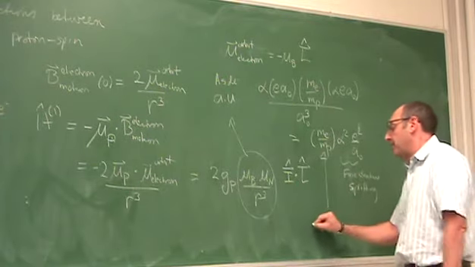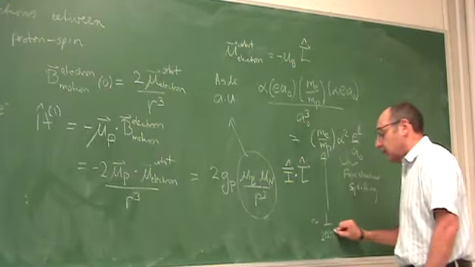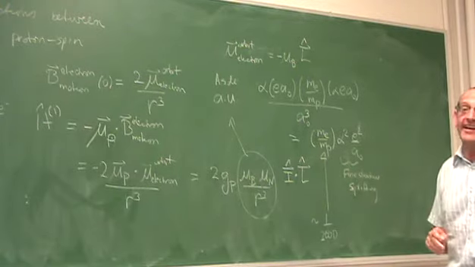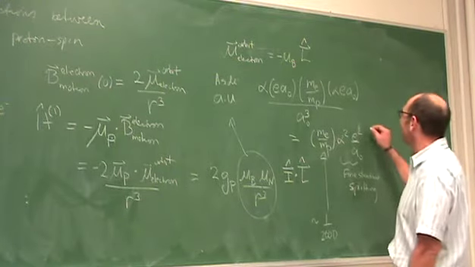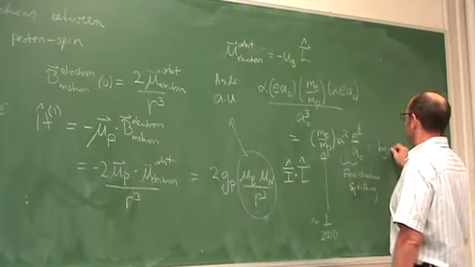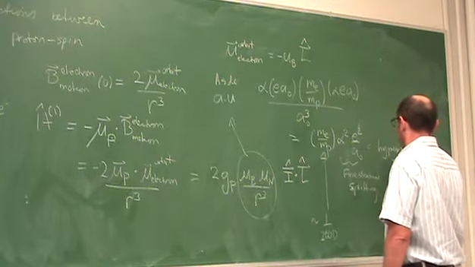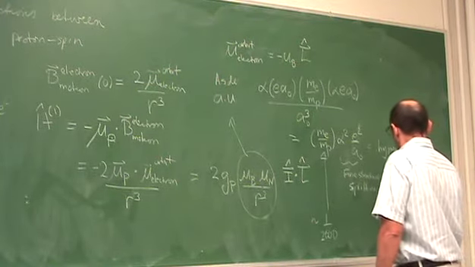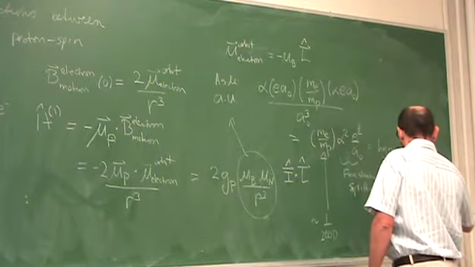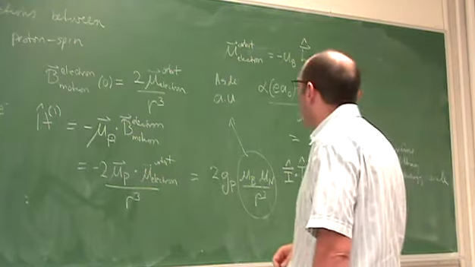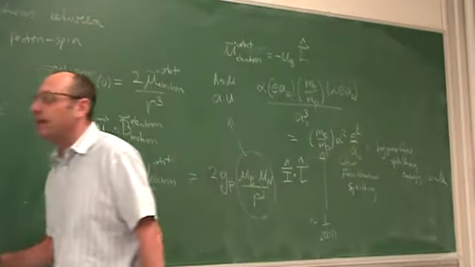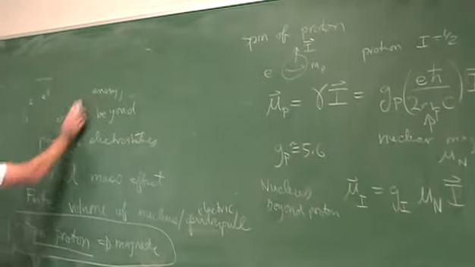And that's about 1 over 2,000. Which is why this is not just fine, this is hyperfine. So this is what we call hyperfine splitting. That's one effect we need to consider.